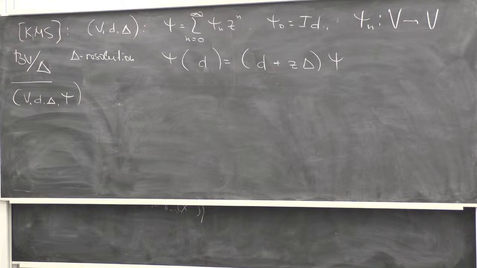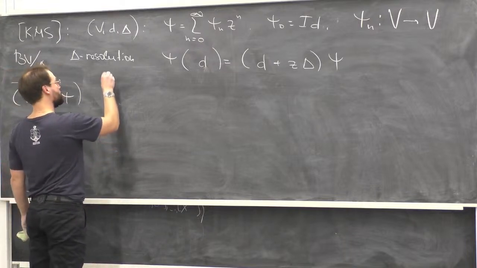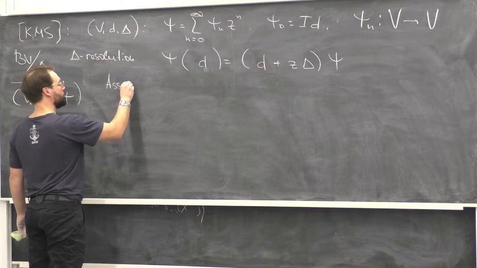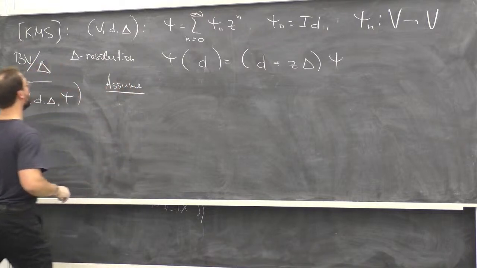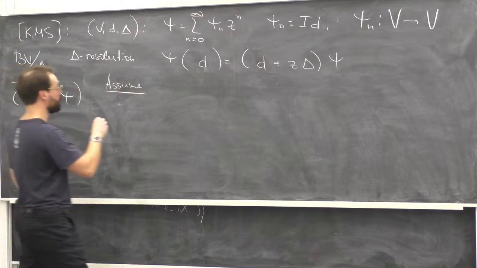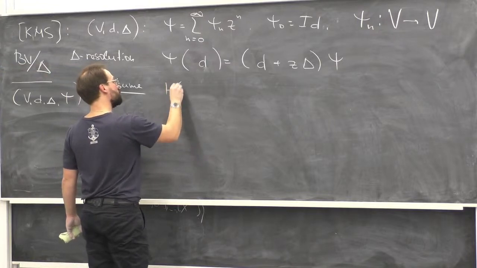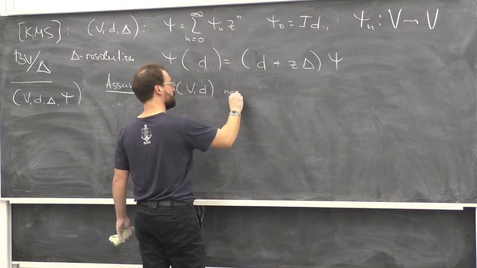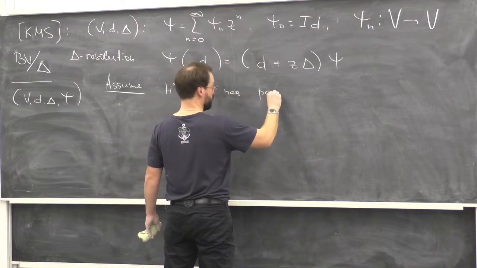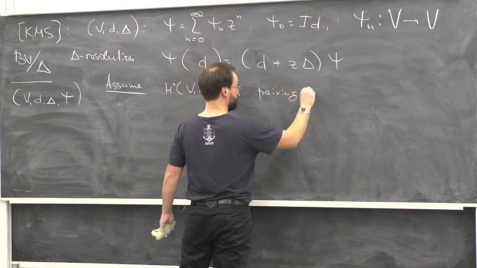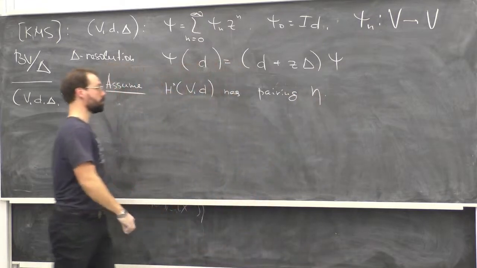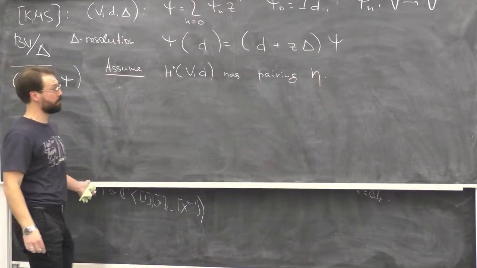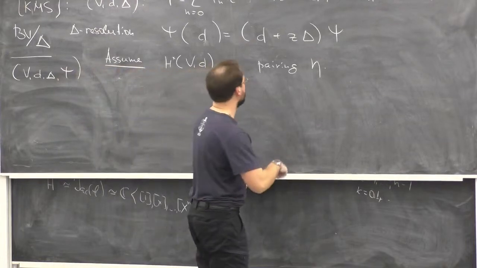Assume more than Koroshkin and Markarian wanted. Assume that homology of V_D has a pairing. They don't need it, but anyway.